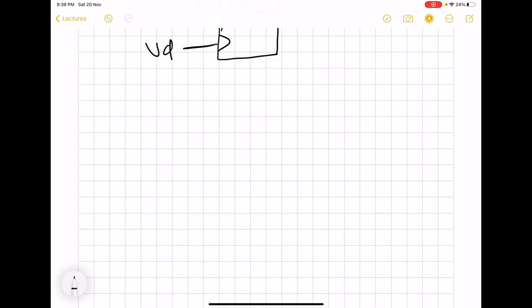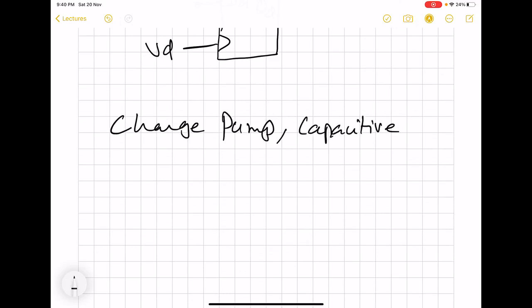We use a circuit called a charge pump, and we use a capacitive low pass filter.